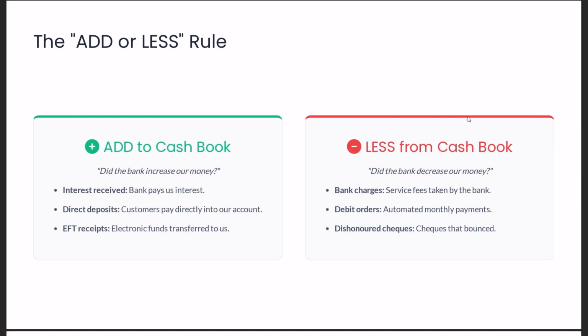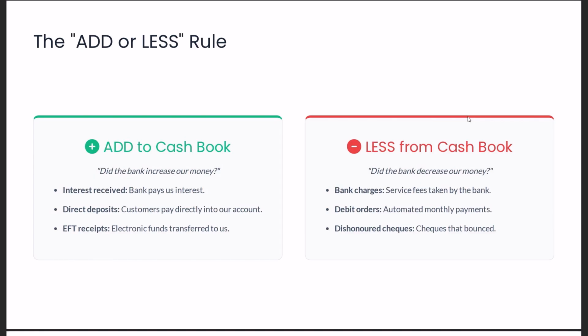Another question is, which money can decrease the bank? Meaning that money went out of the business. And these types of transactions are your banking charges, your debit orders, and your dishonored checks.